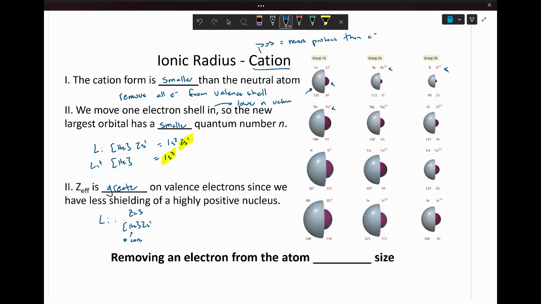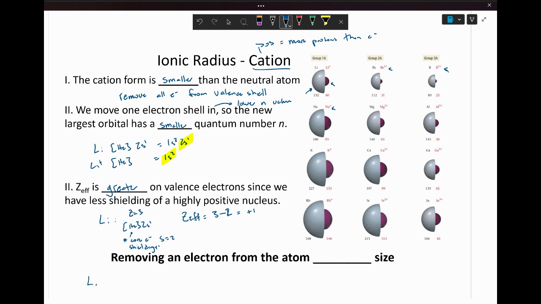So this is the number of core or shielding electrons, and that's 2. So S is equal to 2. For lithium, its Z effective is just going to be 3 minus 2, so that's only a +1.